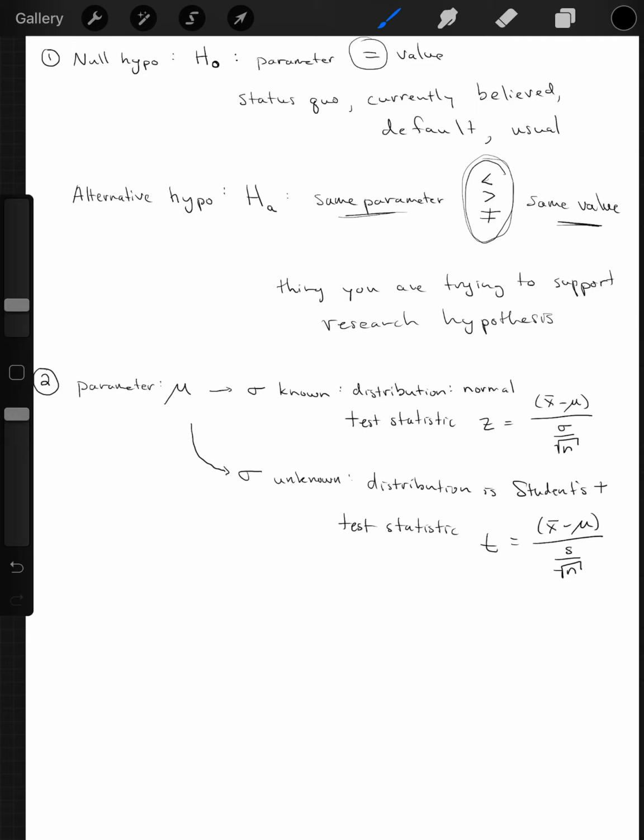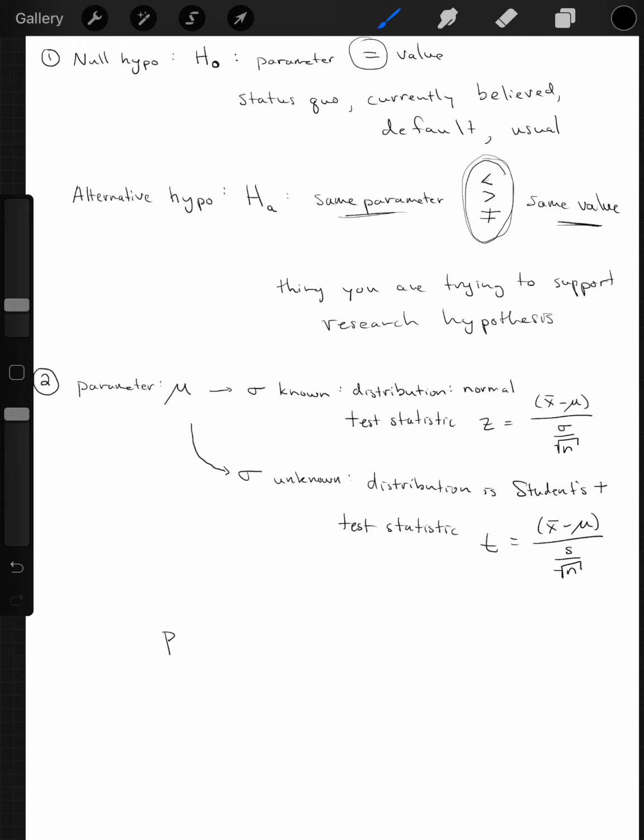Now, we might also deal with a parameter of p. We're not going to in this class because we're going to run out of time. But you can do this with proportion, same way we did sample distributions with proportion, same way we did confidence intervals with proportion.